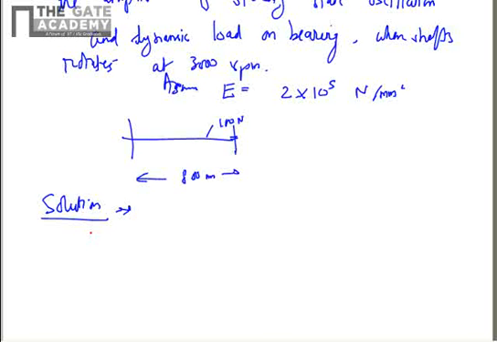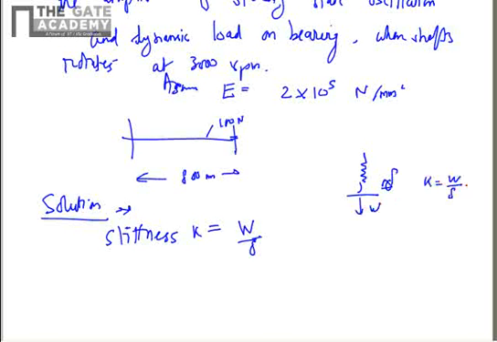For calculating the stiffness of the system, we'll use the strength of materials formula. The stiffness is given by weight divided by displacement. In the spring mass system, you have a static displacement delta and a weight W. So K is W by delta, the static deflection. If you can calculate the static deflection of the rotor and you know the weight of the rotor, you can get the stiffness.